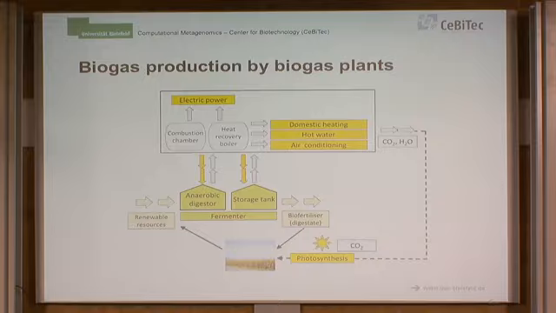And then it's generating methane at the end. And the methane is burned and then used for electrical power or for heating up water or whatever, right? And then at the end, you can actually take the digestate and use it as a fertilizer. And so you have a sort of closed circle in the system.